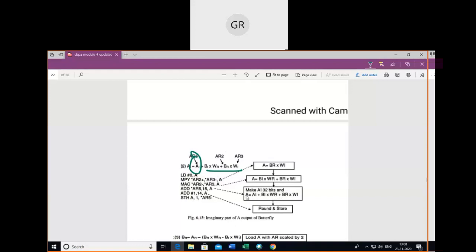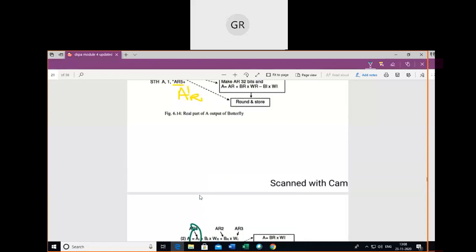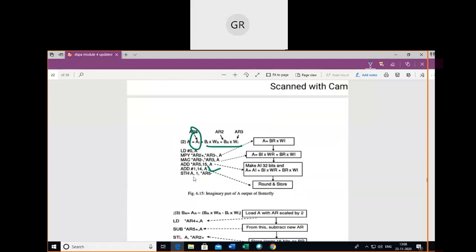That's why A equals AI plus BI into WR plus BR into WI. Now just practice these instructions. Add hash 1 comma 14 comma A. Store higher bit value A comma 1. See, star AR5 holds the AI dash value.